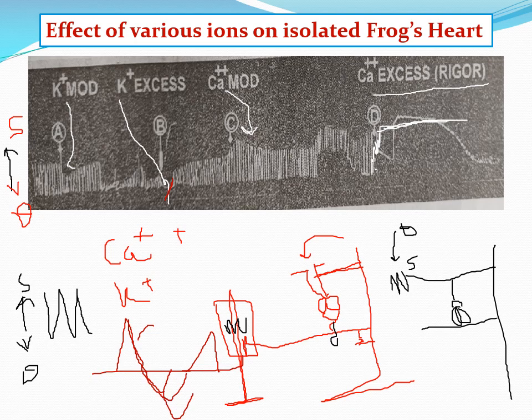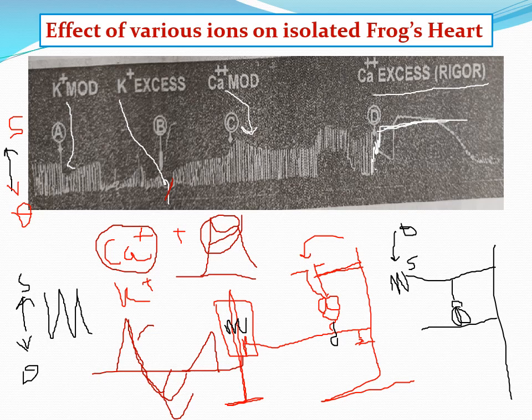Then what is the effect of calcium? If we add calcium, you know, in the cardiac muscle there is a plateau potential, and here the slow calcium sodium channel helps for the depolarization. This prolonged depolarization is due to the slow calcium sodium channel.